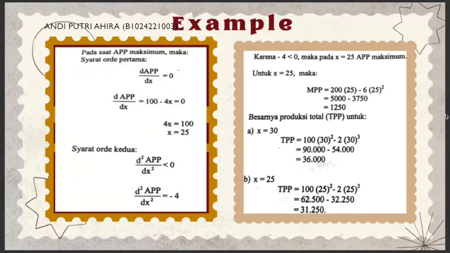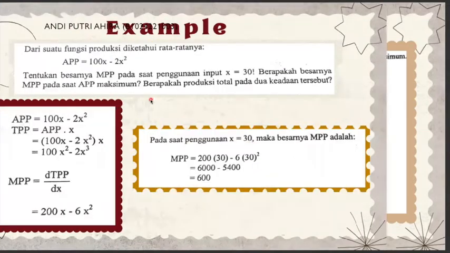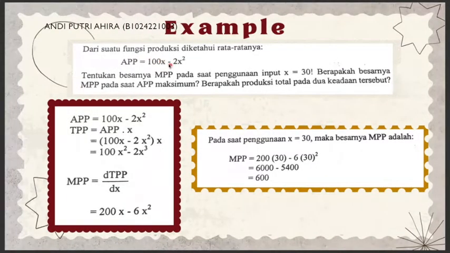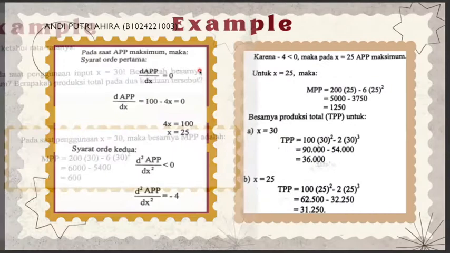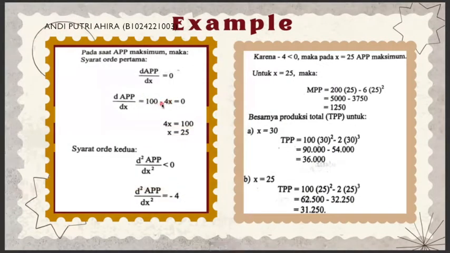When the APP is maximum, then the first order derivative dAPP divided by dx equals 0. When the APP is maximum, dAPP divided by dx equals 100 minus 4x, because the derivative of 100x minus 2x squared is 100 minus 4x, and it equals 0.